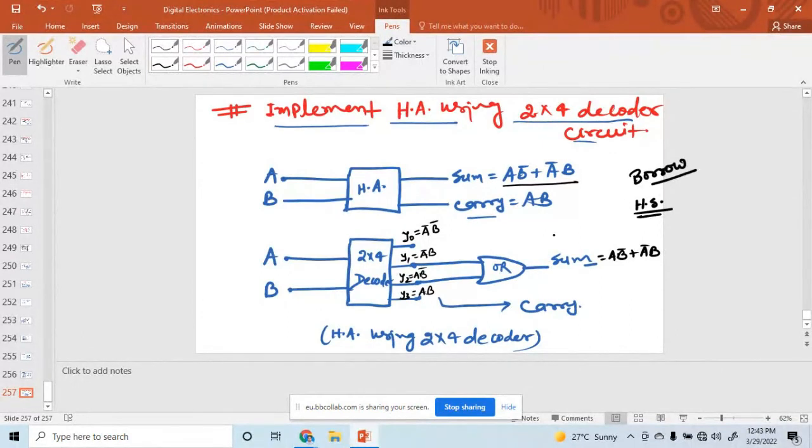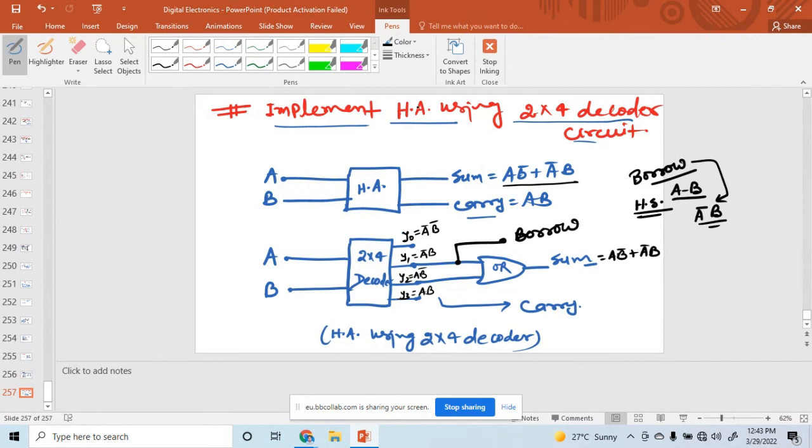Borrow is needed. And what is the expression for borrow? When you subtract A minus B, the expression is A bar B. Yes or no for borrow? So where is the A bar B? This one is the A bar B, so here you can say this is the borrow.